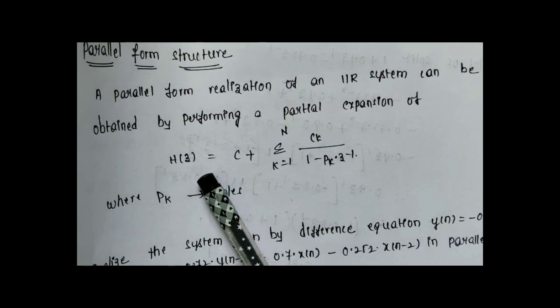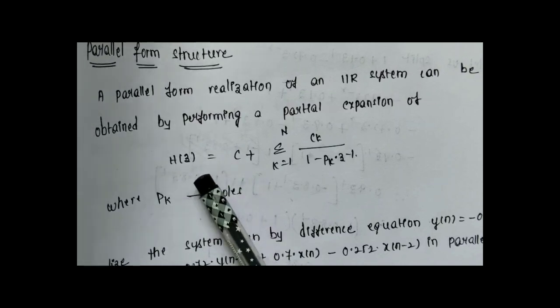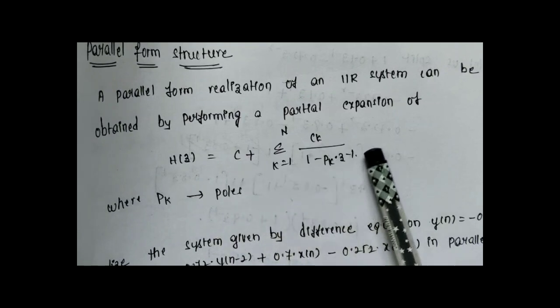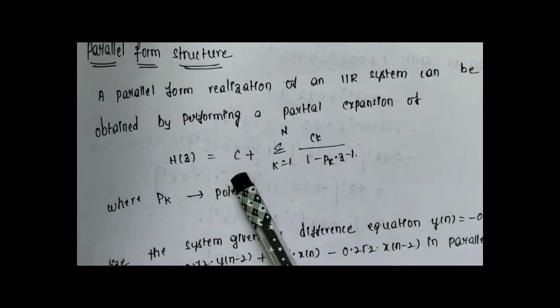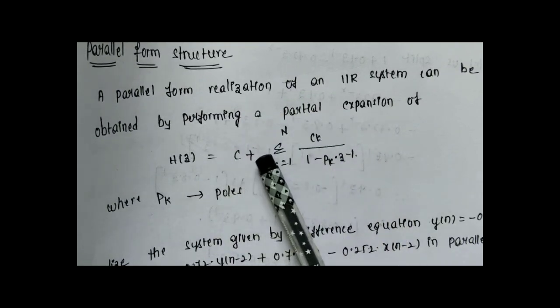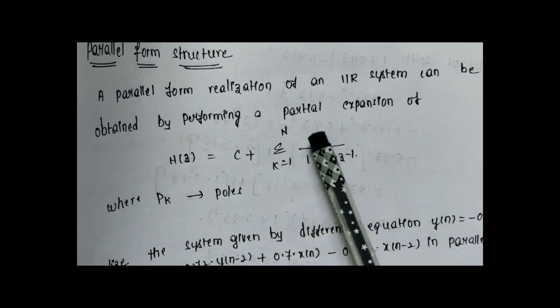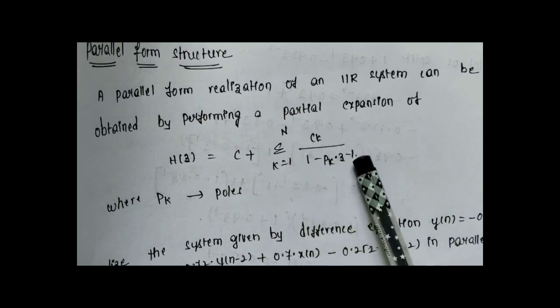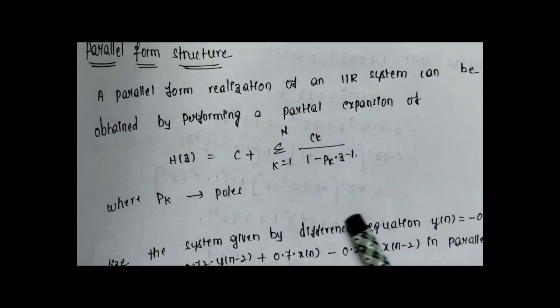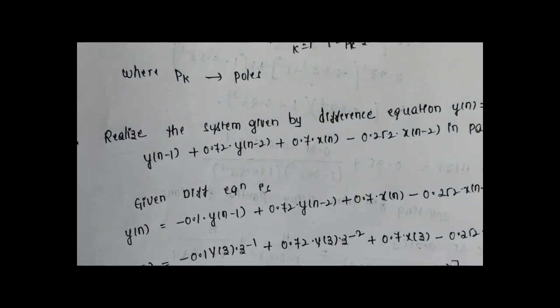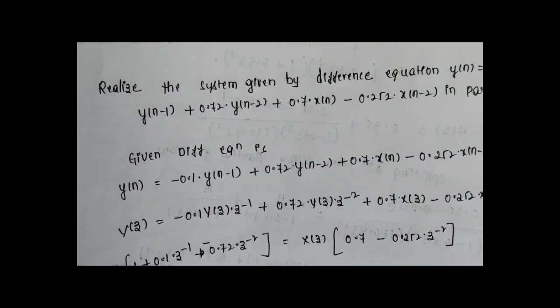If they are not giving the H of z, you have to obtain the H of z also, and then convert the H of z into this form. Here C is a constant, and this term you are going to obtain by the partial fractions, where pk are the poles. Okay, let us go to the problem so that you can understand better.